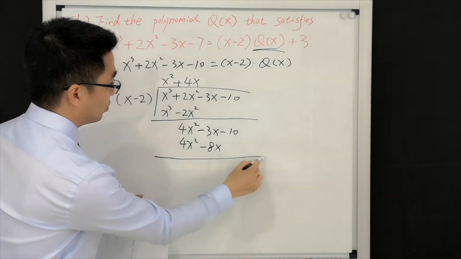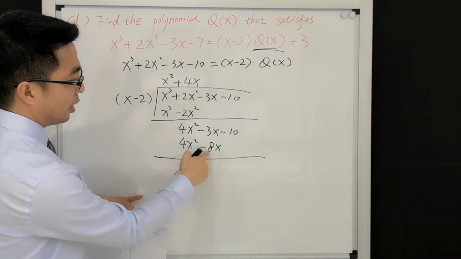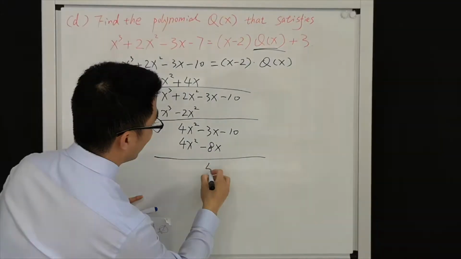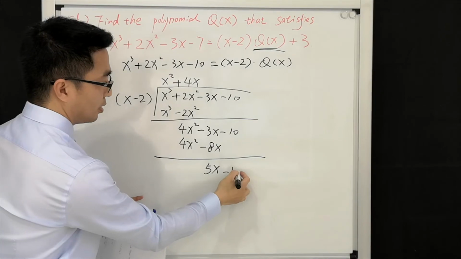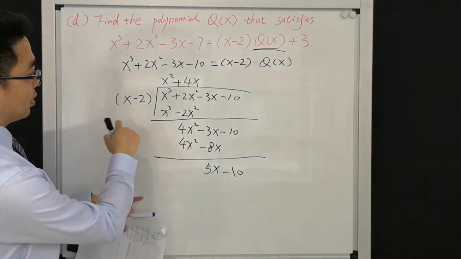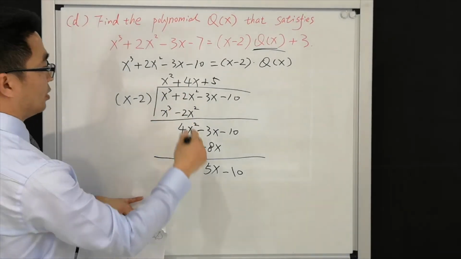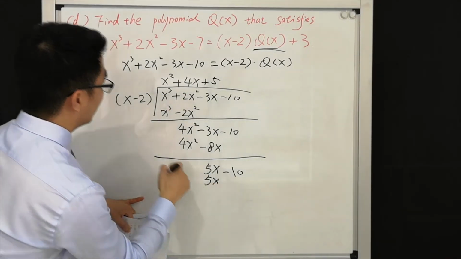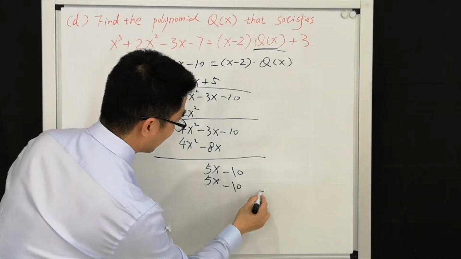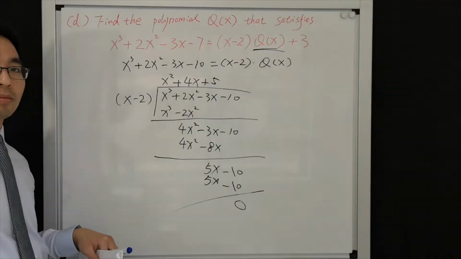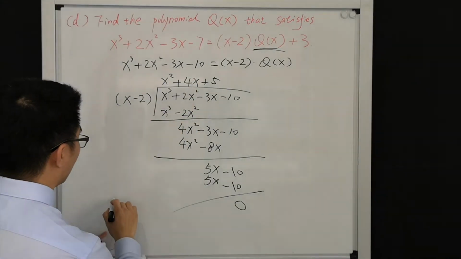Negative 3x minus negative 8x gives positive 5x, and bring this negative 10 down. Then we have times 5. So 5 times x gives 5x. Negative 2 times 5 gives negative 10. Done. So this part is the Q(x).